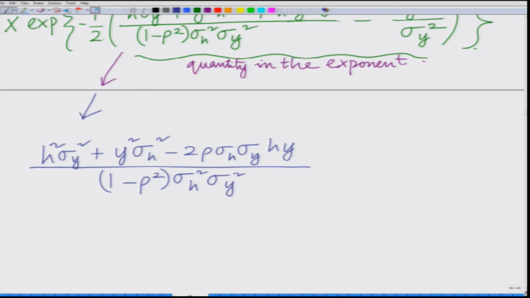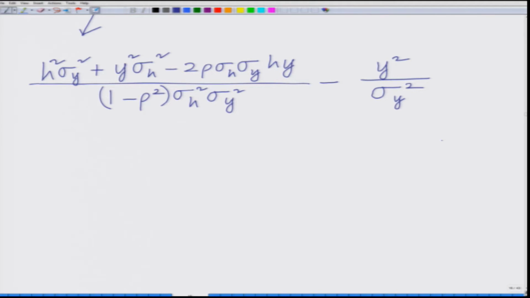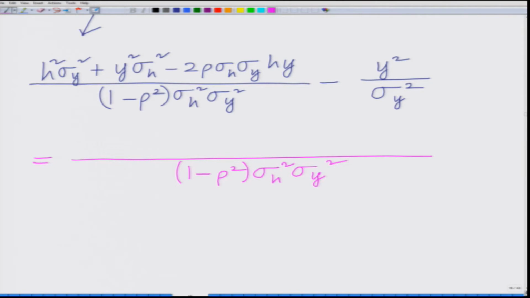times sigma h square sigma y square, minus y square divided by sigma y square. I can combine these two over the common denominator (1 minus rho square) sigma h square sigma y square.